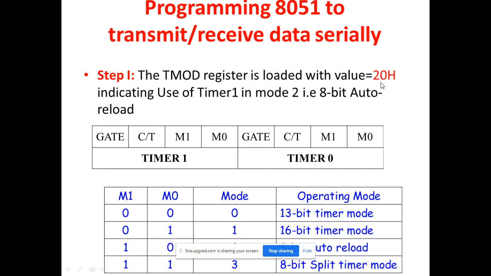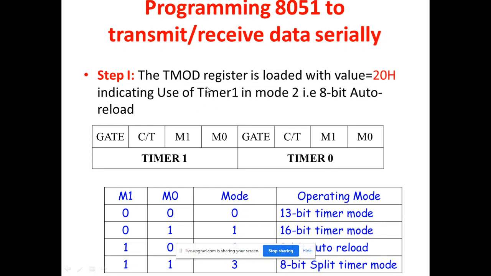Every time we are not changing the baud rate. It is not that one character is sent with a specific baud rate, for example 4800, and the second character with 1200. No, we want to transfer all characters with the same baud rate, and that's why we calculate the initial value as per the desired baud rate and place it into TH1.